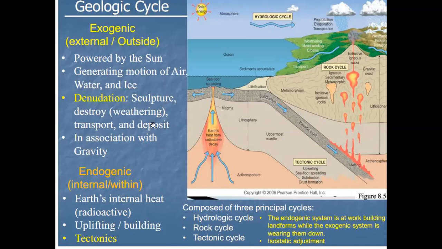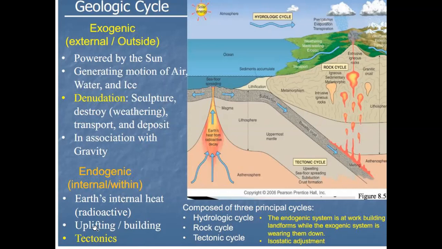But then we also have endogenic processes, or internal processes, that are taking place within the Earth interior. So we have radioactivity taking place beneath the Earth's surface. We have, for example, internal heat that is coming as a result of the convection current.